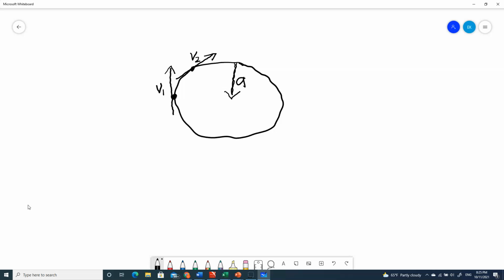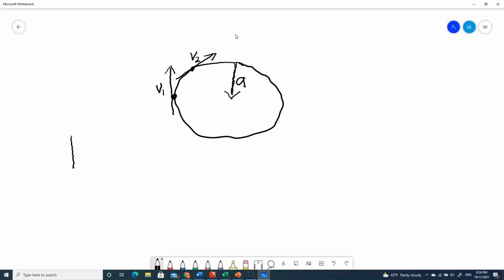Well, if you think about it, as you move on from V1 to V2, you're having your velocity changed inwards, and this is what I mean. I'm going to draw a separate circle, but this one's going to be a little different from the ones you're used to seeing.